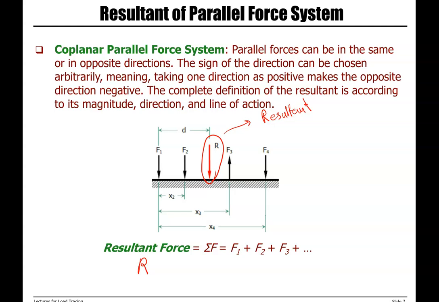One more thing that you need to pay attention to is the direction of the arrows. So we have 3 downward arrows and 1 upward. If we assume a negative sign for downward and a positive sign for upward, here we have minus F1 minus F2 plus F3 minus F4.